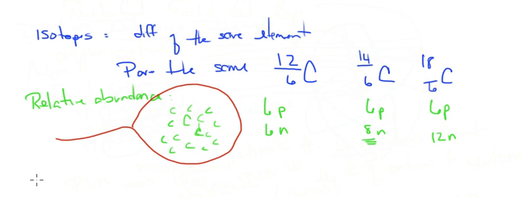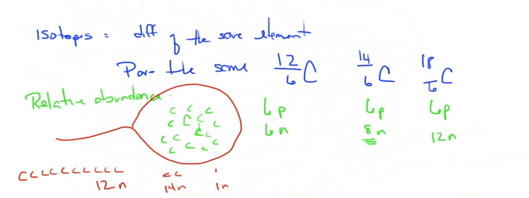And as I'm counting the carbons, I see I have different types of carbons. I have maybe 10 carbons that have 12 neutrons, maybe 2 carbons that have 14 neutrons, and maybe 1 carbon that has 16 neutrons.